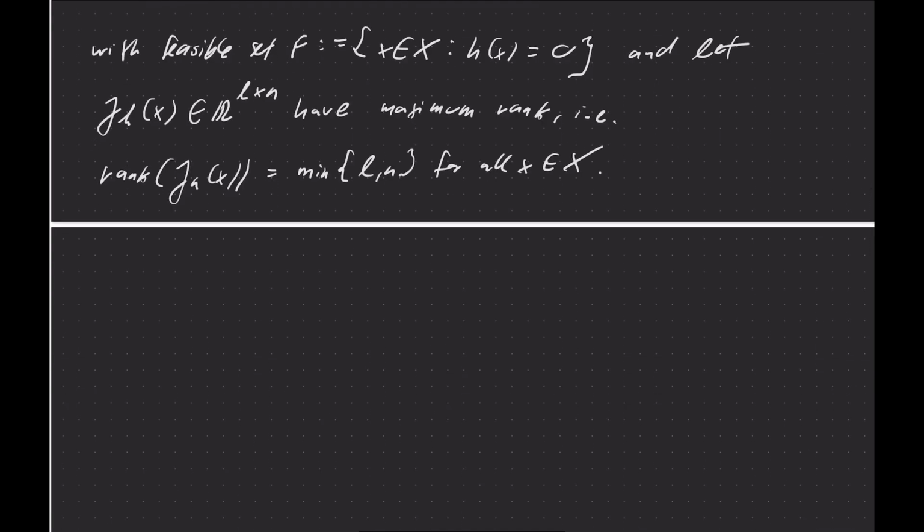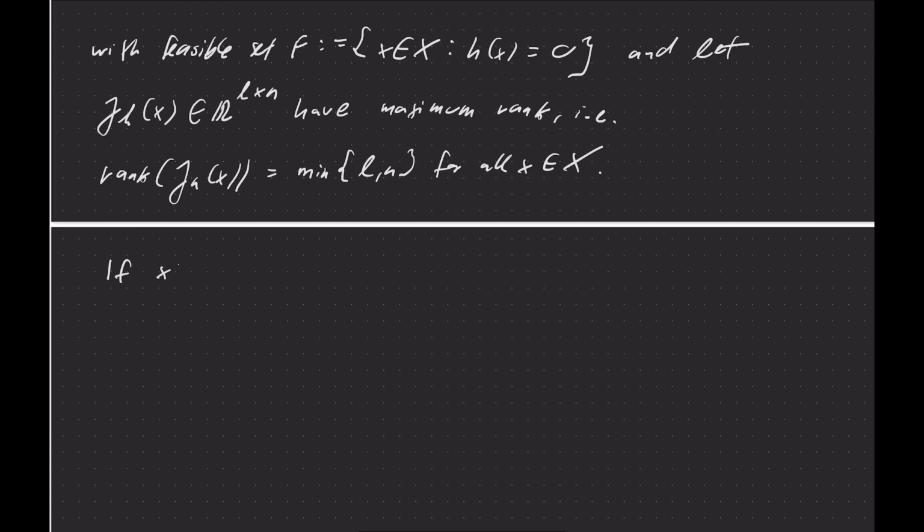If we have an extreme point, then there exist Lagrange multipliers such that the optimum is actually a stationary point of the corresponding Lagrange function.